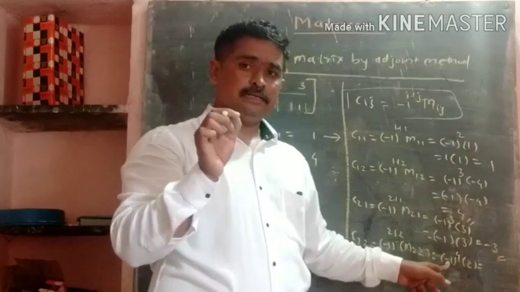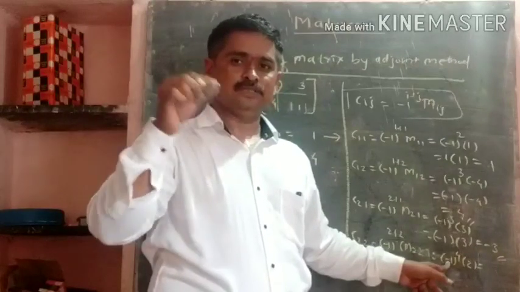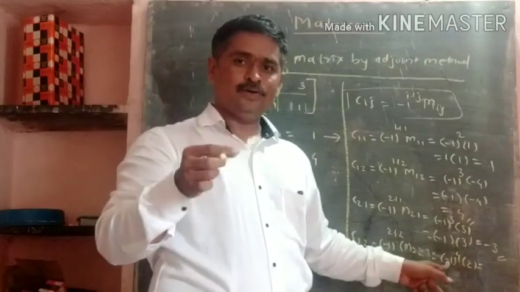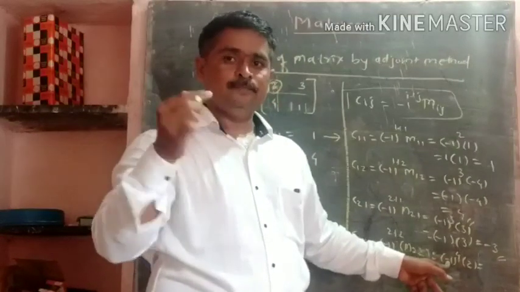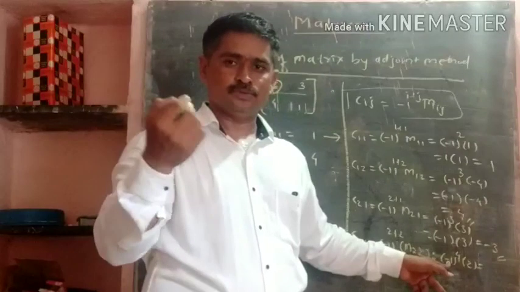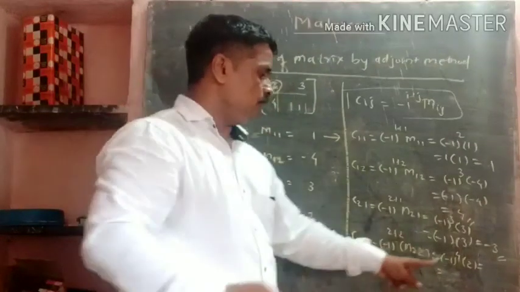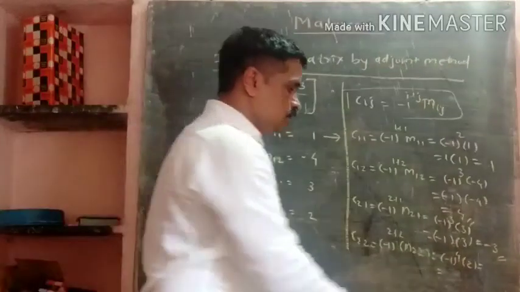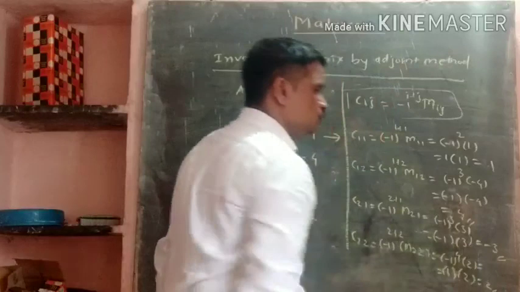Remember this: if we have minus 1 raised to an even number, then that equals 1. If we have minus 1 raised to an odd number, that means minus 1 raised to 3, that equals minus 1. Minus 1 raised to 4, 4 is an even number, so minus 1 raised to 4 equals 1. So 1 into 2 equals 2.